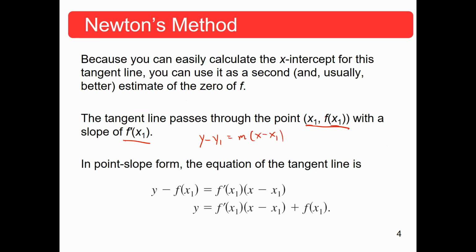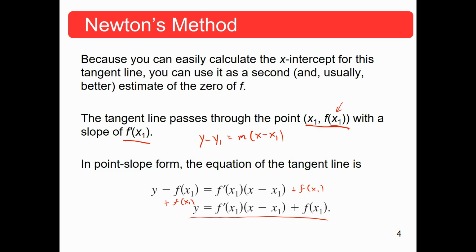So y minus f of x1 equals f prime of x1 times x minus x1. If we add f of x1 to both sides, we get y equals f prime of x1 times x minus x1, plus f of x1.